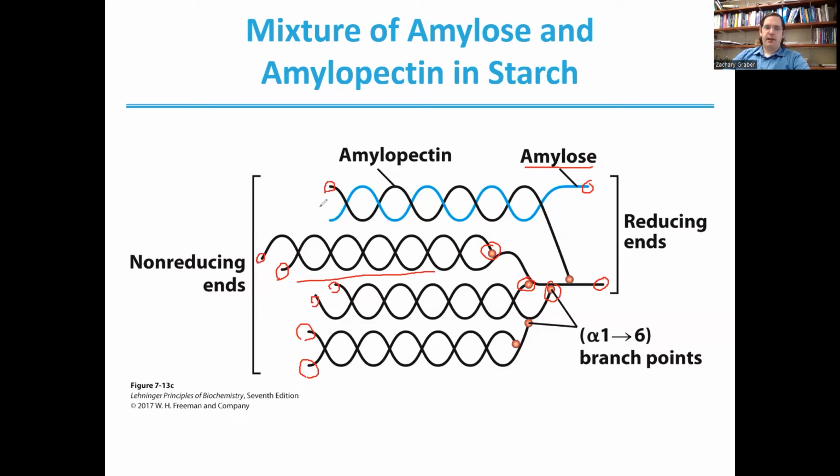So amylopectin has a whole bunch of different non-reducing ends, whereas our amylose only has a single non-reducing end. This is kind of like the N versus the C terminus of our protein, except in this case, we can have multiple non-reducing ends if we have a branched polysaccharide.